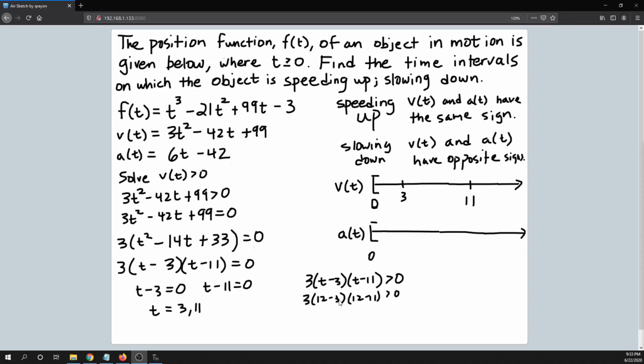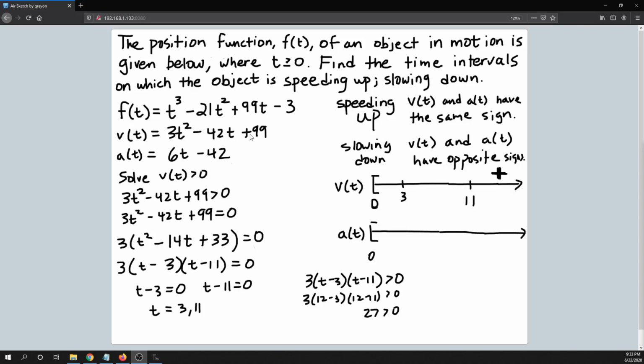That's a 9, and that's a 3, so I get 27 is greater than 0. All right, so I got a positive number here. That means that all of the numbers on this piece over here, when I plug any number into the velocity function, I am going to get a positive number.